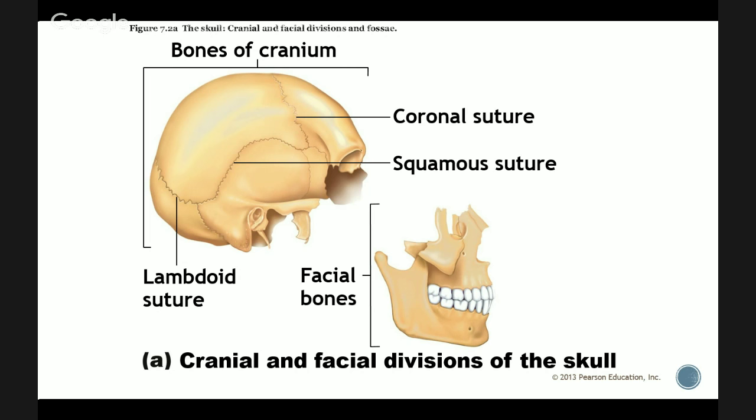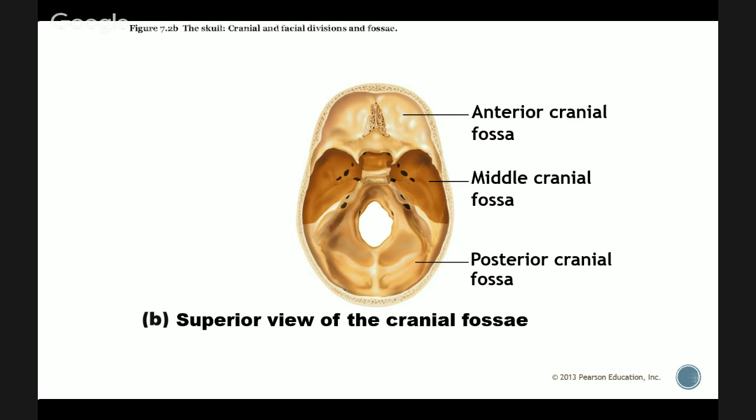And then we have the facial bones, which make up the framework of the face. We have one bone that will articulate or touch or come into contact with all the bones of the skull. That bone is called the keystone bone of the skull. That's called the sphenoid. We'll look at that in a little bit.